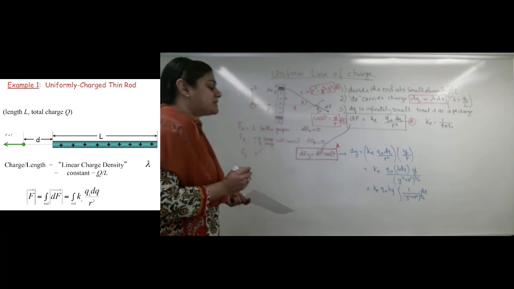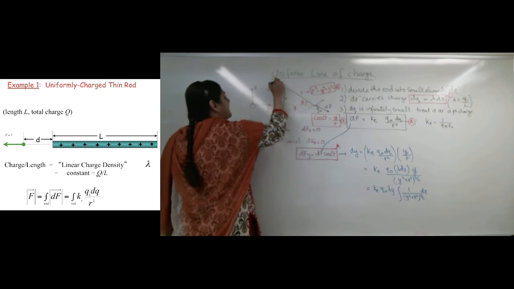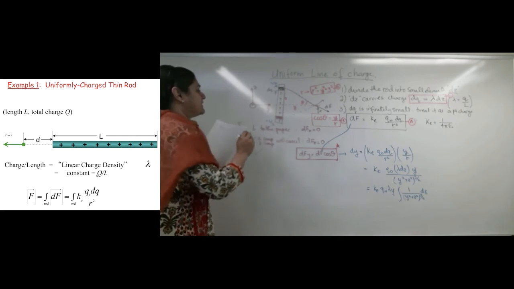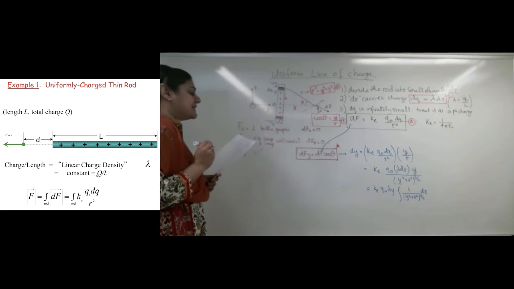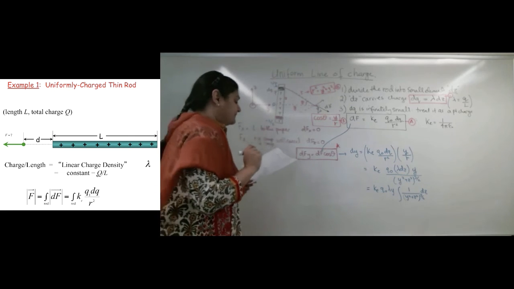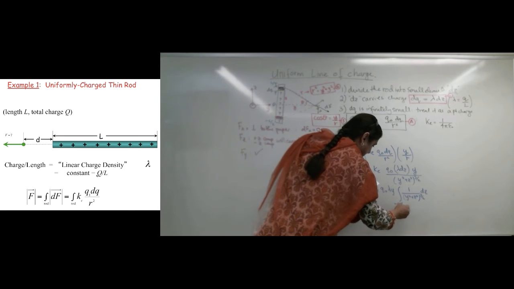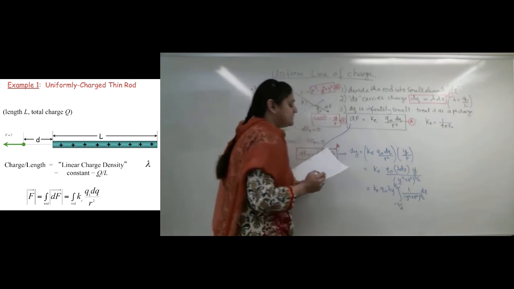What is my integration going to be over? If I take this as the center, it's going to be from minus L by 2 to L by 2.